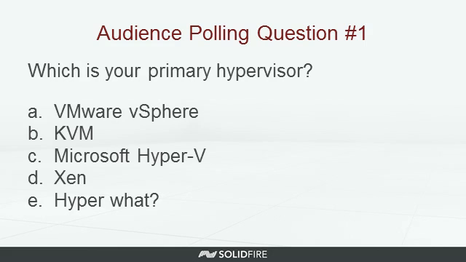All right, Jen, if you want to go ahead and stop the voting on that one, we will go ahead and view the results. And it looks like primarily people are using vSphere in production, and this is pretty common, particularly with enterprises.